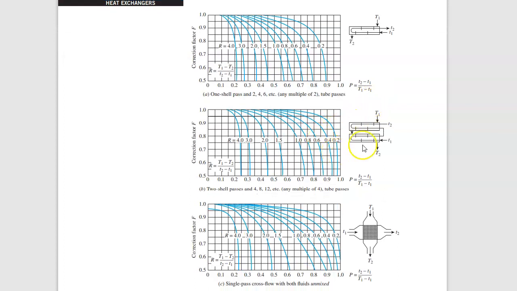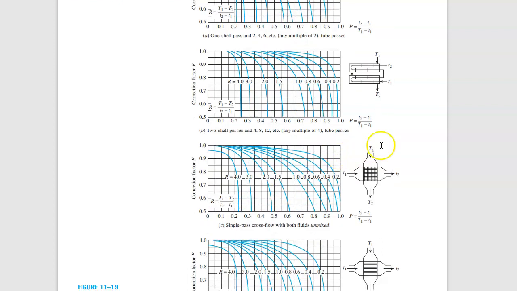So this is another design. For example, we have two shell passes, and here we have 4 tubes, 2 shell passes, 4, 8 and 12. Just look at the figure, because from the figure we can determine which figure to refer to.